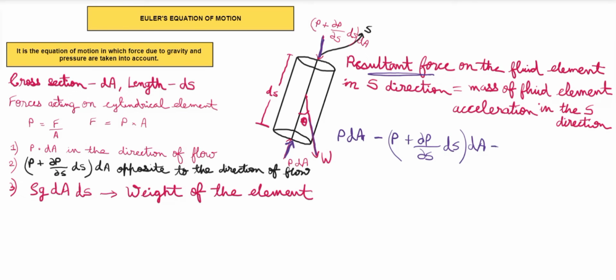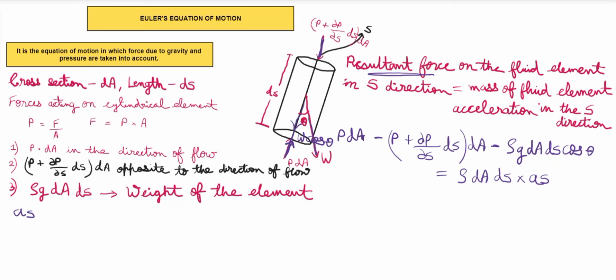Weight is acting in the downward direction and it is acting at an angle of theta. So it will be W cos theta. We'll write it as rho g dA ds cos theta. And this will be equal to mass of fluid element into acceleration in the S direction, which will be equal to rho dA ds into a_s.